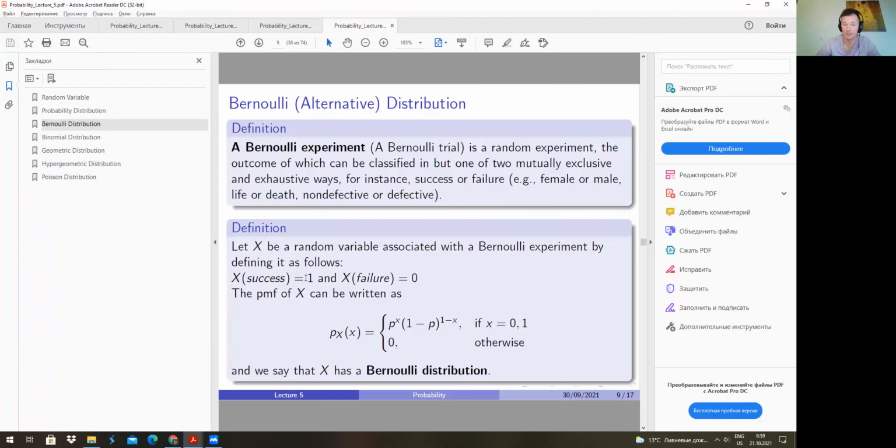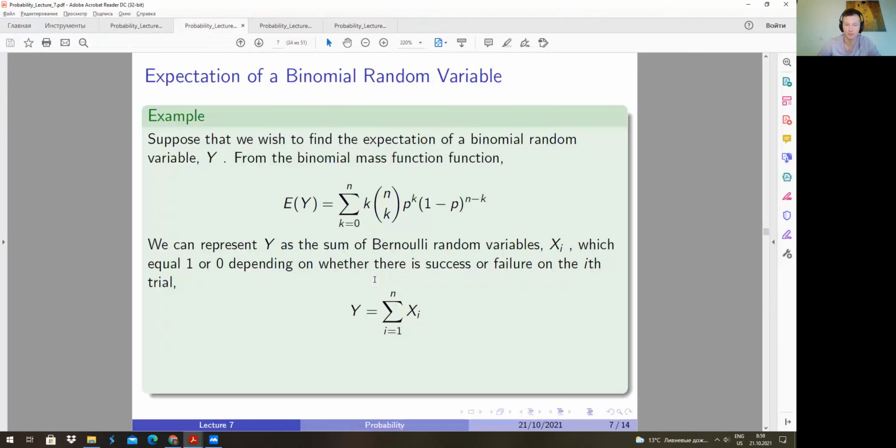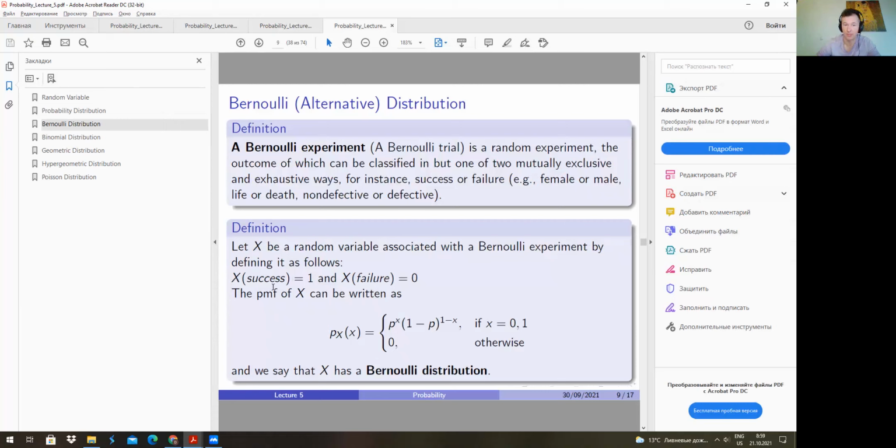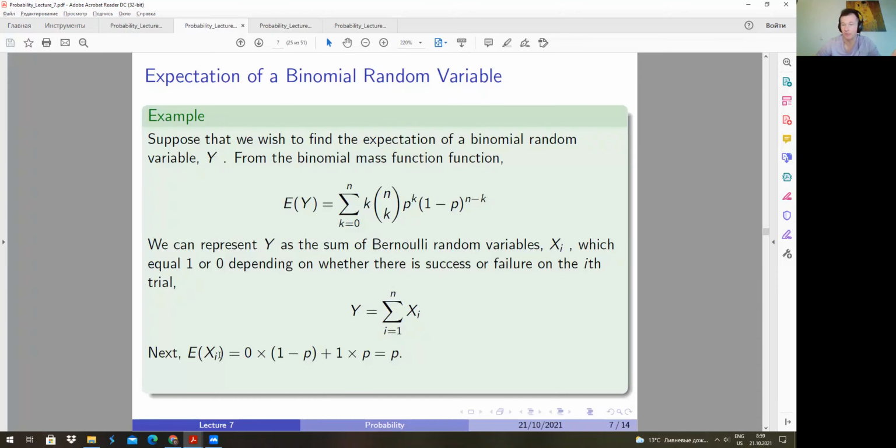The expectation of X_i is 0 times (1 minus p) plus 1 times p. Once again, why? Because my Bernoulli random variable is either 1 or 0. It's 1 with probability p and 0 with probability 1 minus p. So that's why the expectation of a Bernoulli variable is simply p.